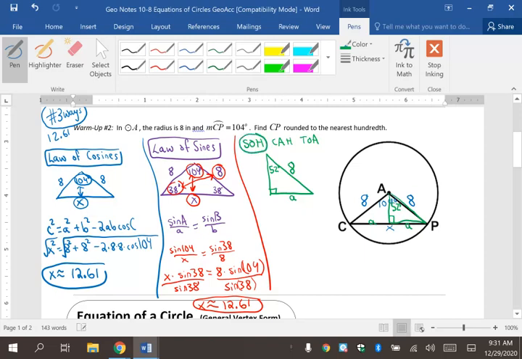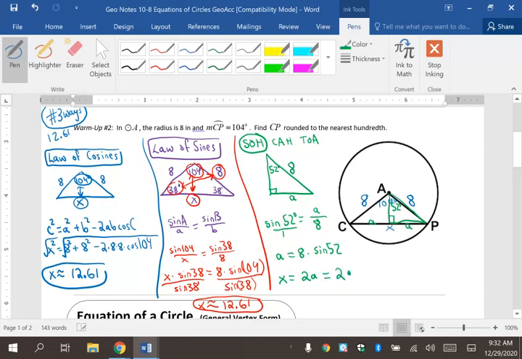So we're going to be using sine of our reference angle, 52 degrees, equals the opposite side of A over the hypotenuse, which is 8. Write it as a proportion, cross multiply, so A equals 8 times sine of 52. Put that all in your calculator, and then double it, meaning X is A plus A, so X is 2A.